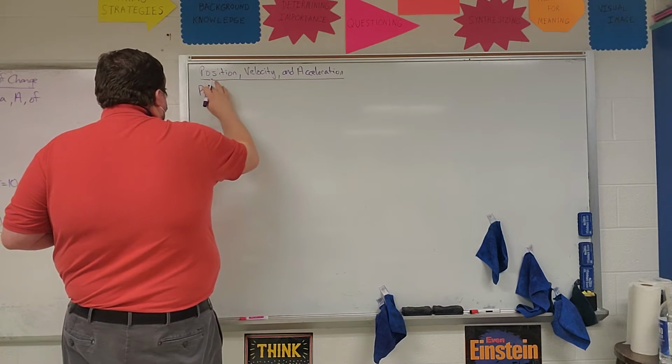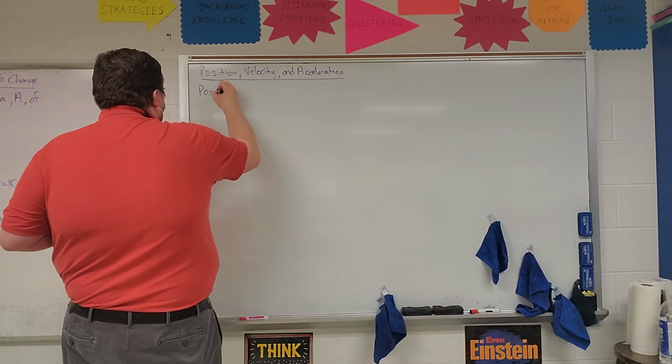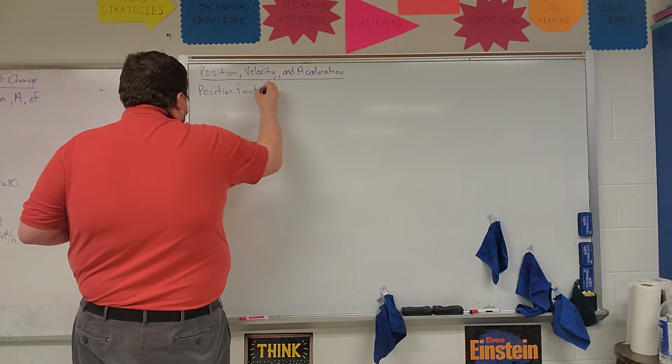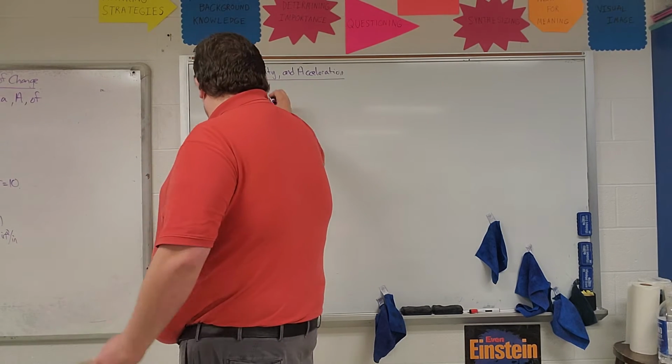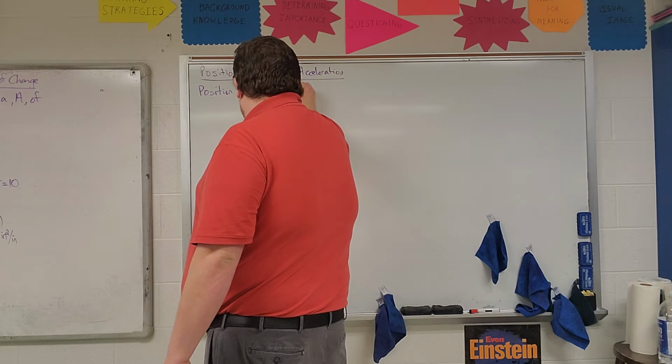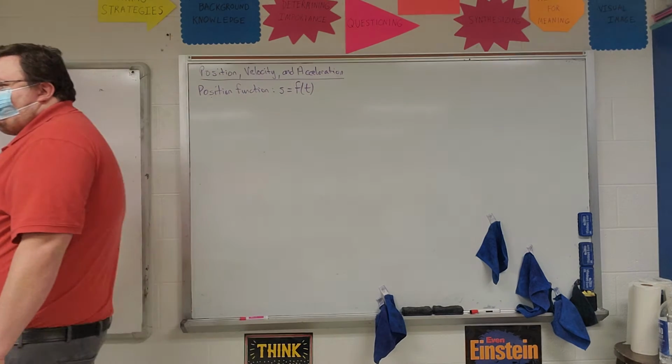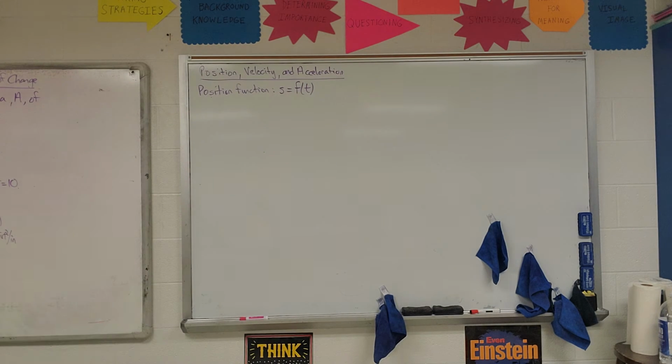We often denote the position function, which tells where an object's at, as s equals some sort of function of t, where t is time. But we often denote the position as s.